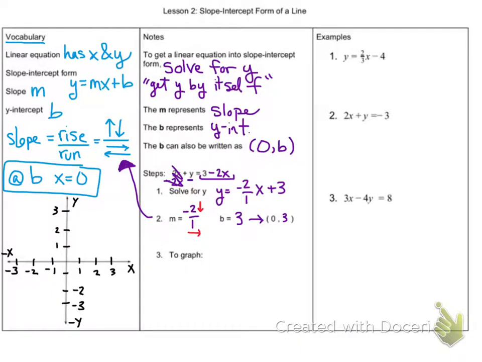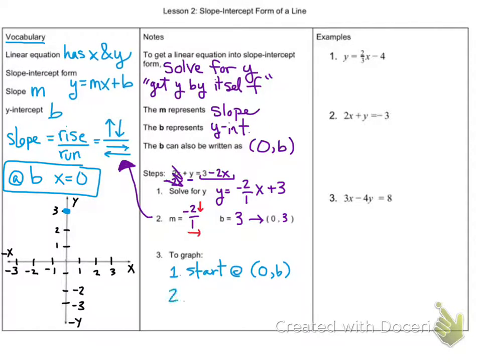All right, so your steps for graphing are to start with 0, b. So for us, that's 0, 3. So if I go over 0 and up 3, that's an ordered pair right there at 3.